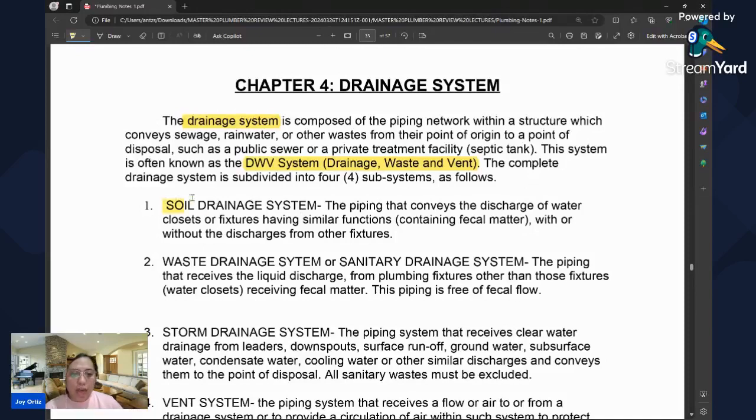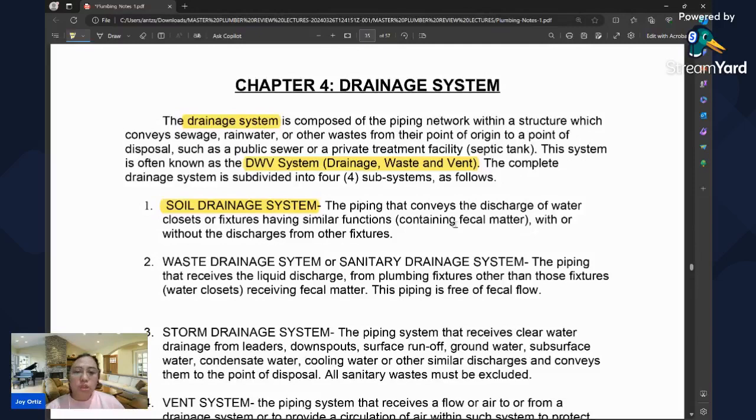First, we have the soil drainage system. So, what is the soil drainage system? Soil means it has something to do with the ground. It is the piping that conveys the discharge of water closets or fixtures having similar functions containing fecal matter, with or without the discharges from other fixtures.